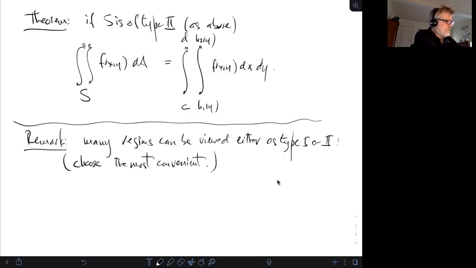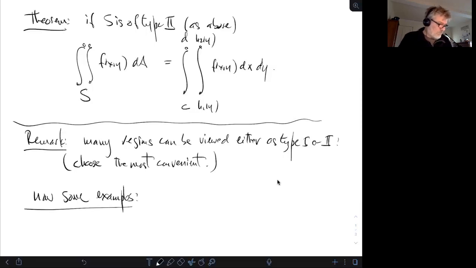Here's one which is a region you may have seen in Cal 2. Okay. So here's our first example.